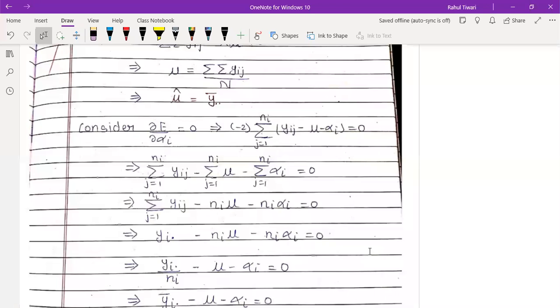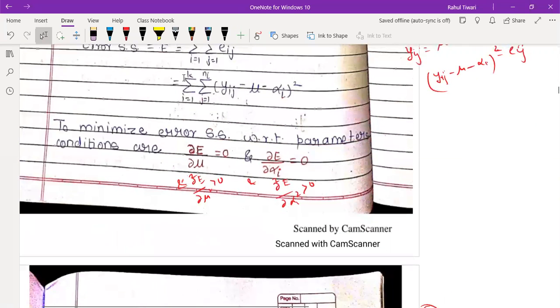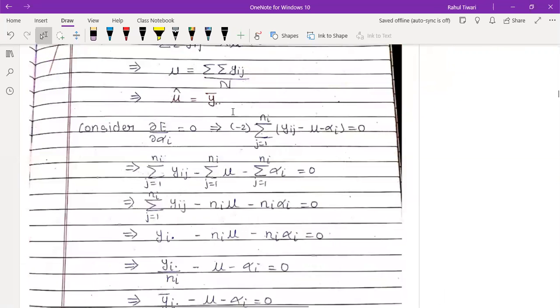Can anyone tell me, we are taking the derivative with respect to alpha i, but here we have this summation, and I can't see the i here. Where is the range for i, is it missing, or where has it gone?